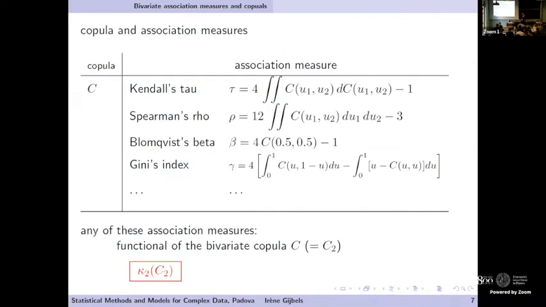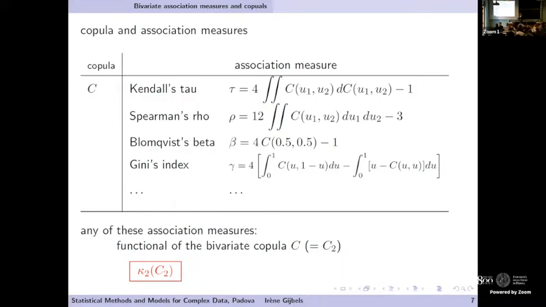Now, the nice thing is that these association measures I was talking to you about, they all are known functionals of the bivariate copula. Kendall's tau, you can express it this way. These are results which have been there for ages, for decades in the literature. So it is important to realize that they all are known functionals of the bivariate copula.